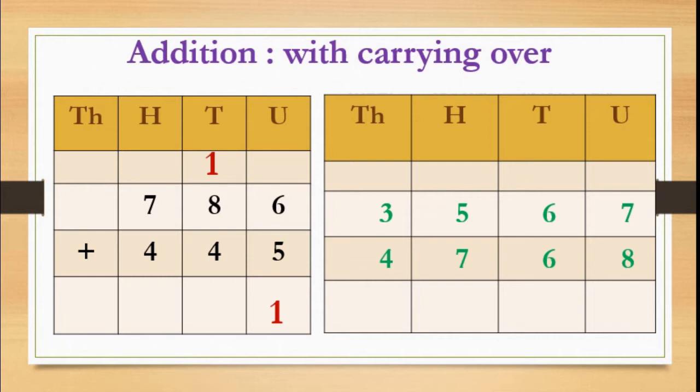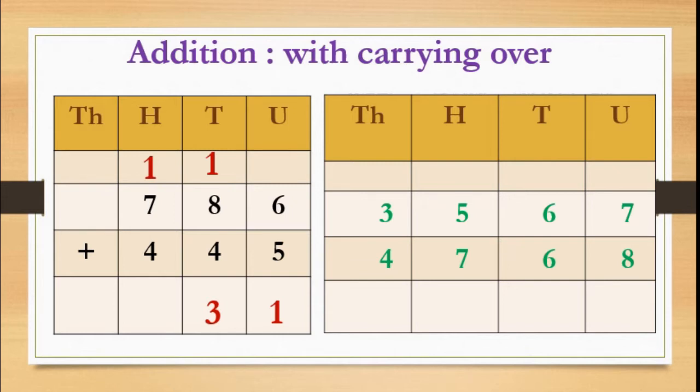You know this, correct? Now we are going to add the numbers in the tens column. That is 1 plus 8 is 9. 9 plus 4 is 13. So 3 we will write in the tens column and 1 is carried over to the hundreds place.